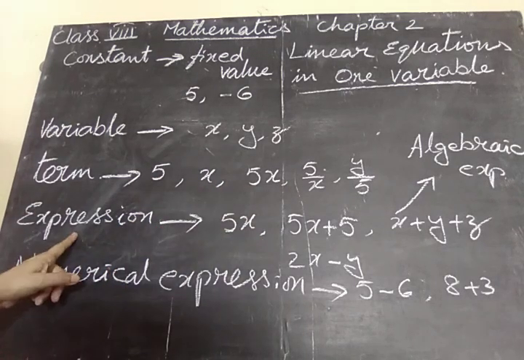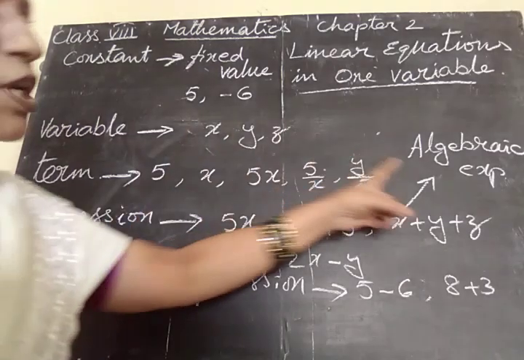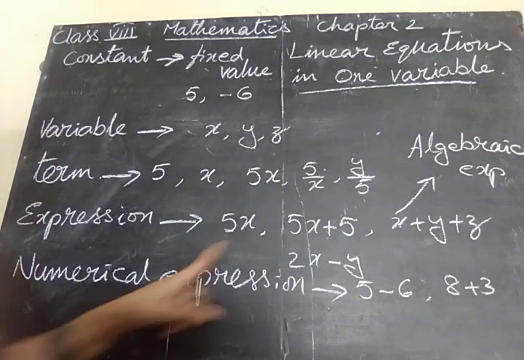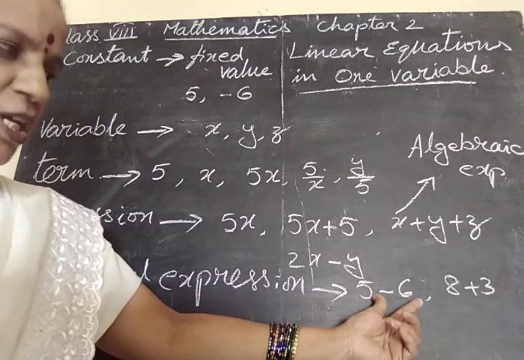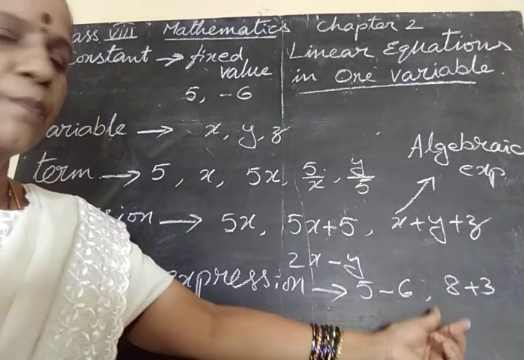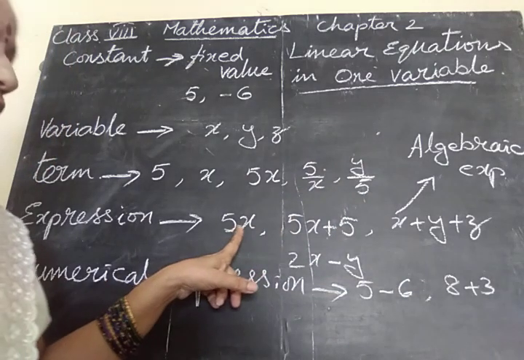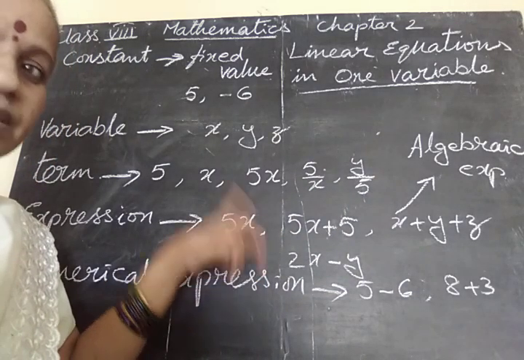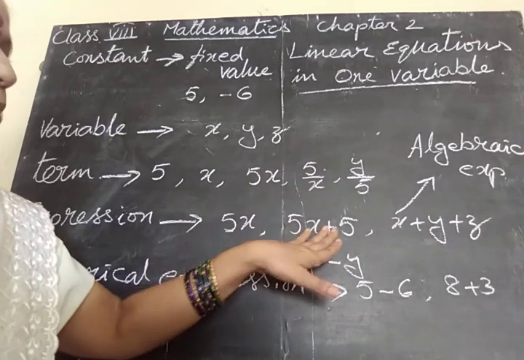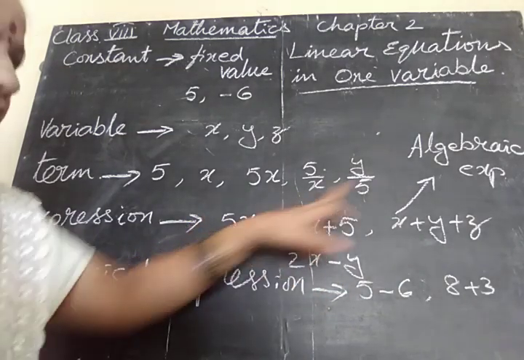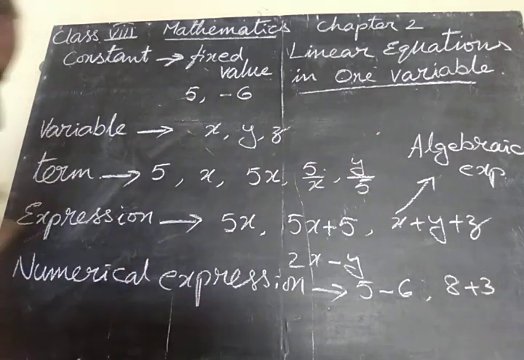Now expressions. Expressions are of two types, algebraic expressions and numerical expressions. The combination of numbers only with plus or minus are called numerical expressions. With constants and variables together combined with plus or minus signs, they are called algebraic expressions. Clear, students?